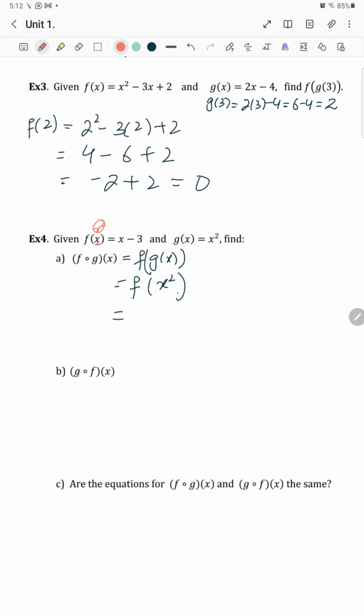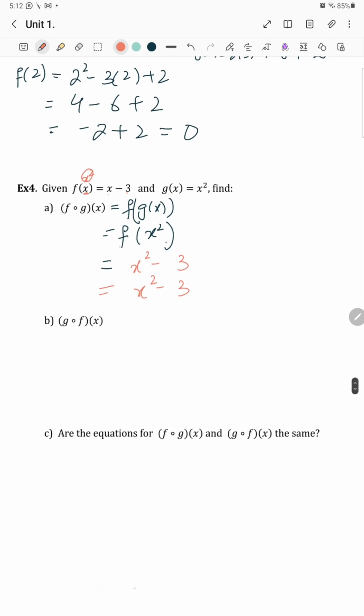So substitute x with x square and solve it. So it's going to be x minus 3, means x square minus 3. Substitute x with x square. So the answer we get is x square minus 3.